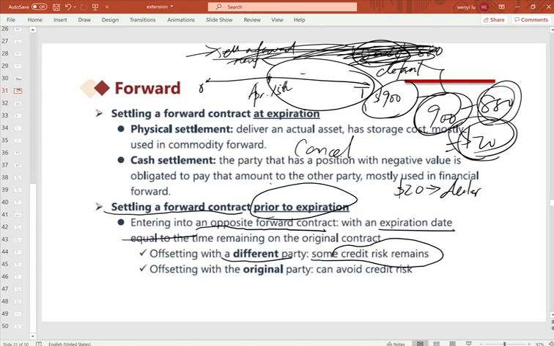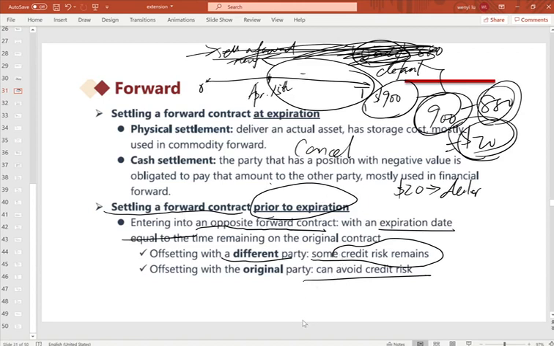But if you can offset in the opposite direction with the original party, you can totally avoid what? The credit risk. So that's how we settle a forward contract before the expiration. Be careful.